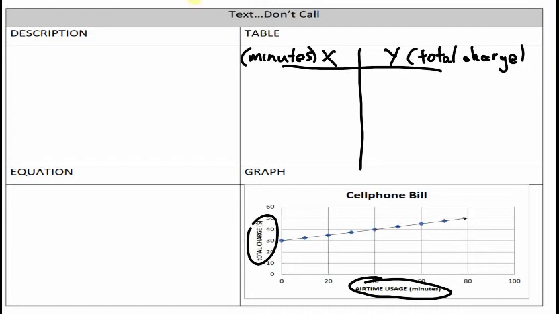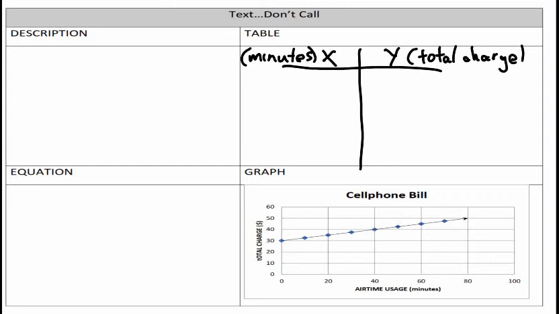So all we need to do here is begin looking at the graph, and we don't even have to record values in our table for every single blue dot that we see. But we do certainly want to get a collection of dots that we are very confident in, that we are very sure of, and put them into our table.